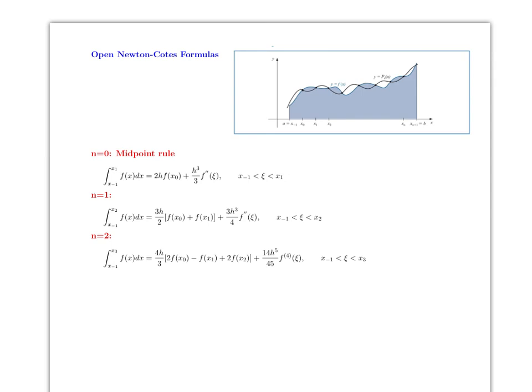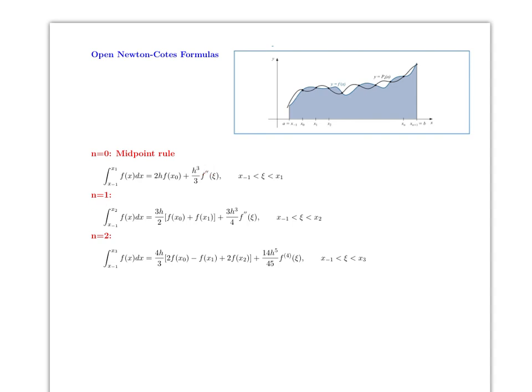And just like the closed Newton-Cotes formulas, here we start with n equals 0, and the integral is just approximated by 2h times f of x0. So notice that this one is only evaluated at this point, and then this is the error term.